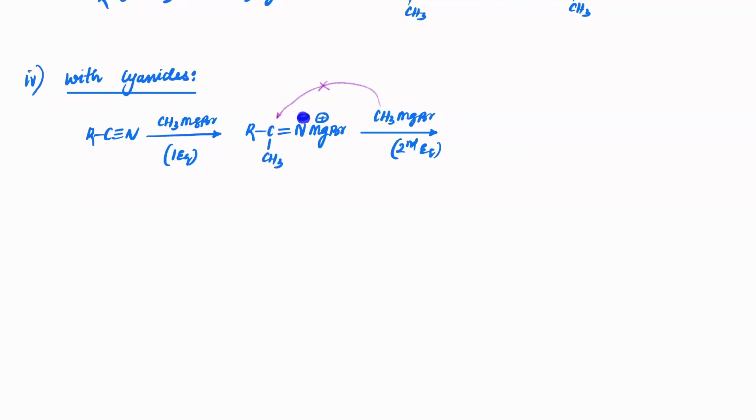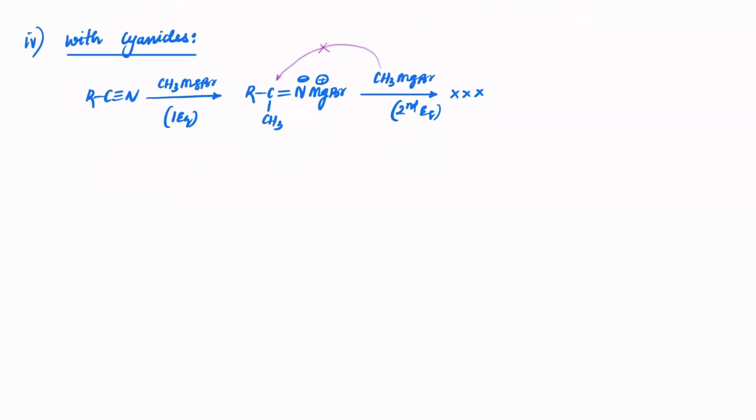But because of the negative charge, and R and CH3 being donating groups, there is nobody polarizing the carbon with a positive charge. So no matter how many moles of CH3MgBr you push, further reaction will not happen.